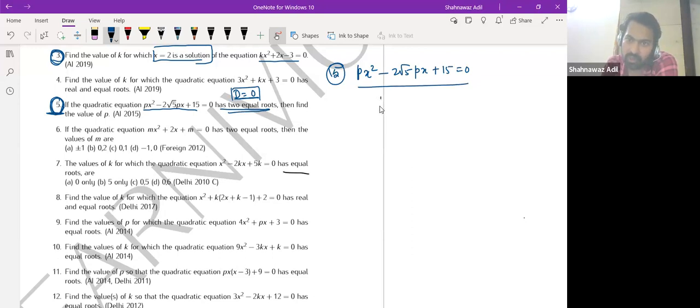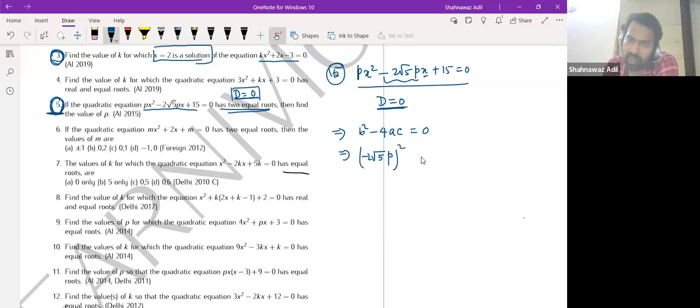So for equal roots, D equal to 0, right, Amar? So D is b squared minus 4ac, and this is equal to 0. B is how much? B is 2 root 5p, the coefficient of x.